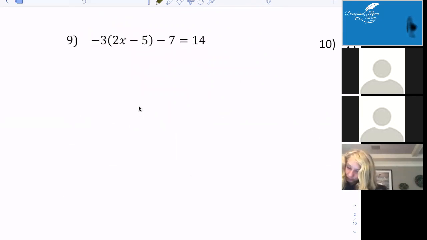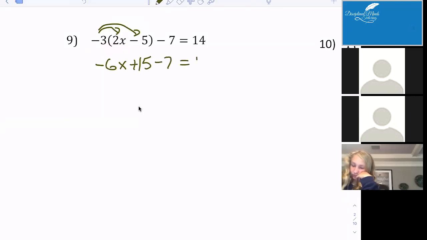All right, here we go for number 9. I'm going to get someone else involved. Angelina, what am I doing here? Yes, distribute the negative 3. Negative 6x plus 15 minus 7 equals 14. Now what, please? And then you add 15, you do 15 minus 7. You are brilliant. That's 8.